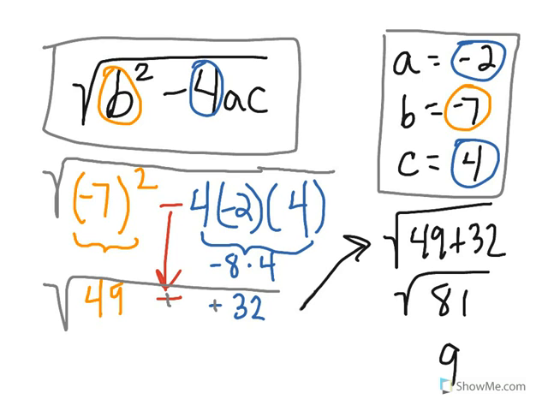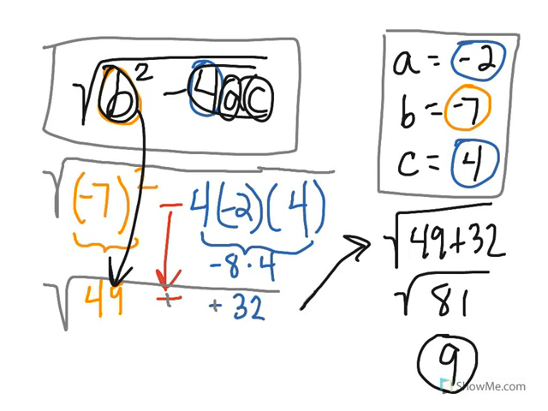So that one happened to work out to be a nice whole number. It doesn't always work that way. But notice the progression here. I start by plugging in the number for b in parentheses, and then I square it. And that gets me to this right here. Then I plug in numbers for a and c, and I multiply all this together, and that gets me to right here.